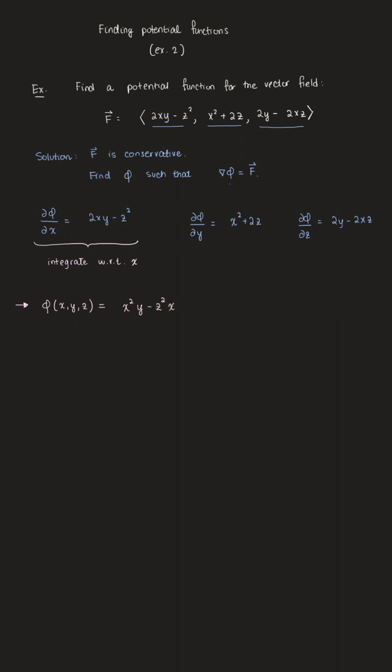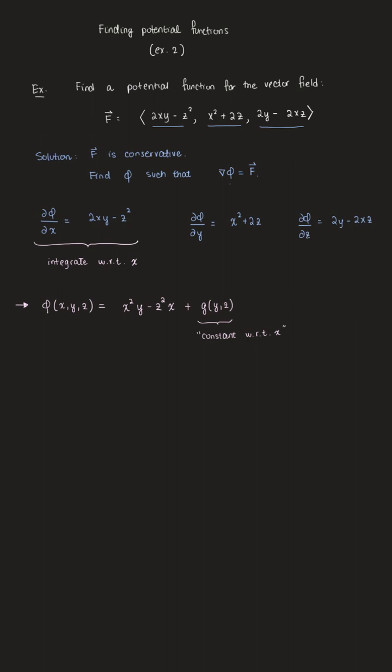Antiderivative with respect to x, but I might have a function here, I'm going to call it g, with respect to y and z, that when we take its derivative with respect to x is 0. So this acts like a constant with respect to x. So we need it there.